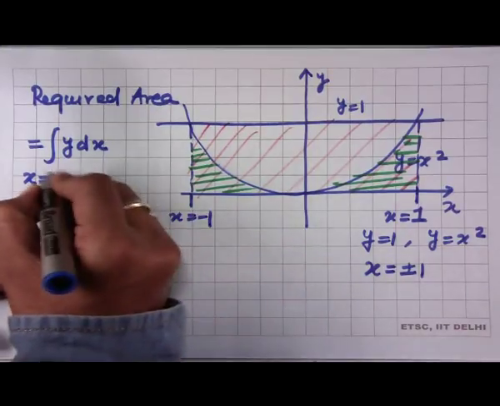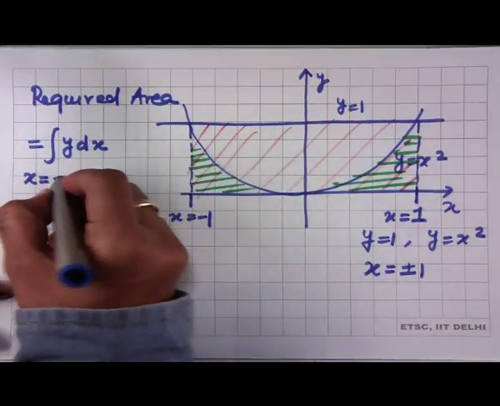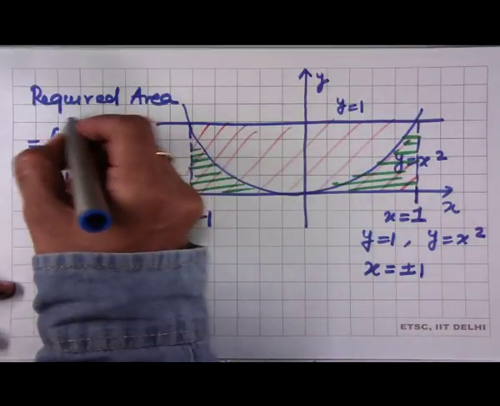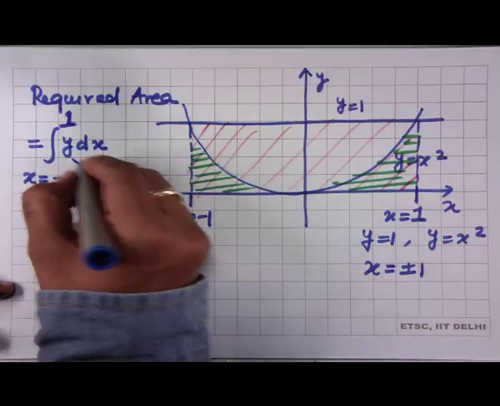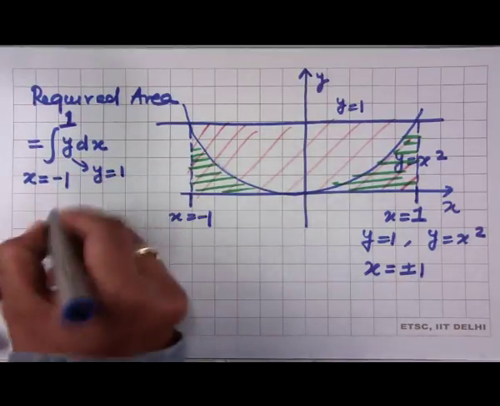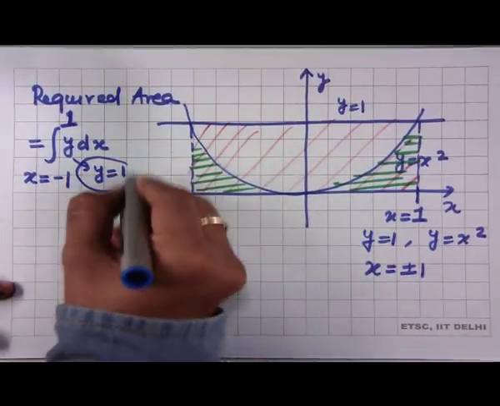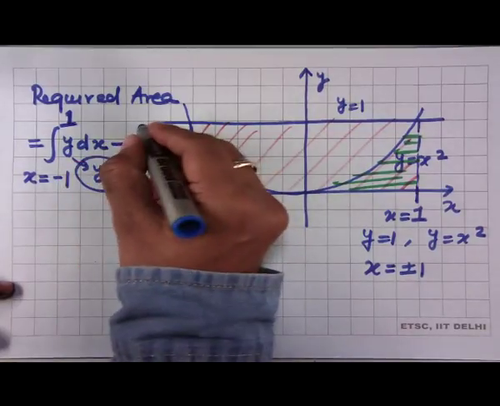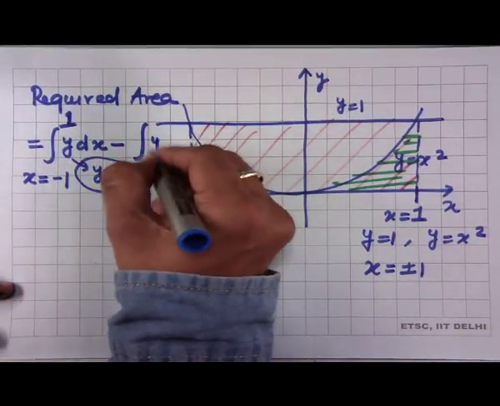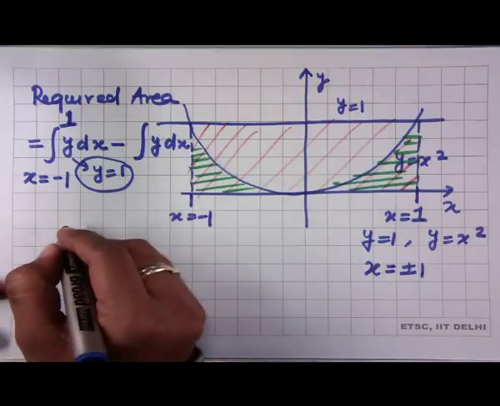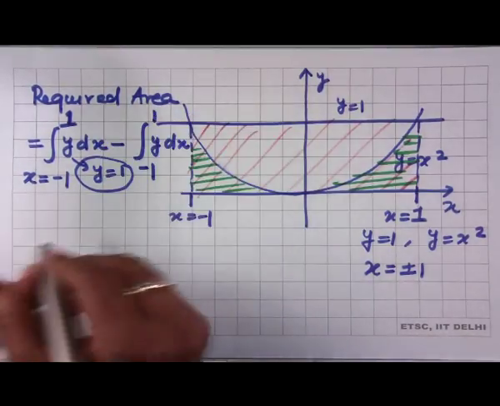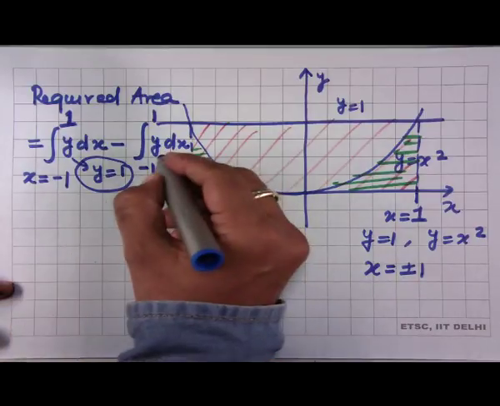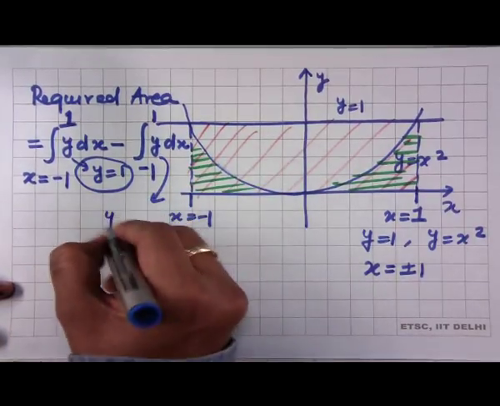So, the area of the rectangle will be from minus 1 to 1, y dx, where this y is coming from the line y equals to 1. Minus, y dx, where x again goes from minus 1 to 1, but this y is being computed from the parabola.